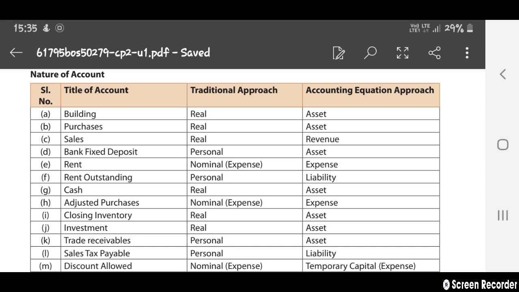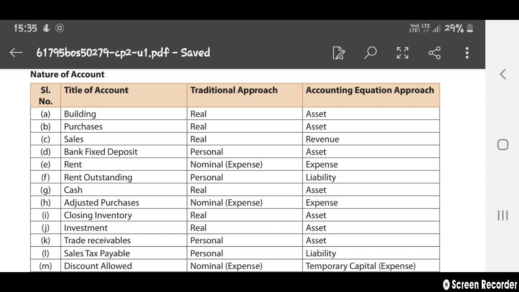Next, rent outstanding comes under personal account because he is taking the rent. Liability, in the accounting equation we say it as liability. Adjusted purchases, it comes under nominal, means expenses, we are expensing. In the accounting equation we say it as expense, but in the traditional approach we say it as nominal, means expense.